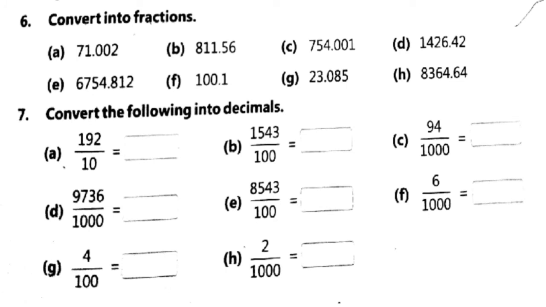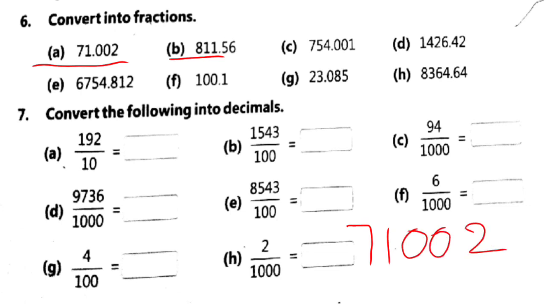Next question, convert into fractions. All are given in decimal and you have to convert them to fractions. What is the rule? First write the given number as numerator. I am writing the first one, 71002, and then apply the number of zeros as the digits in the decimal part.